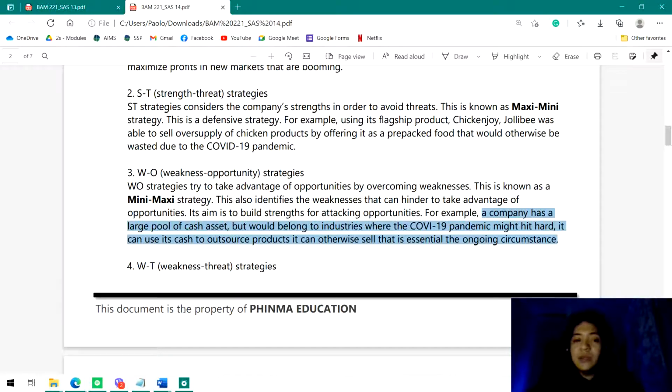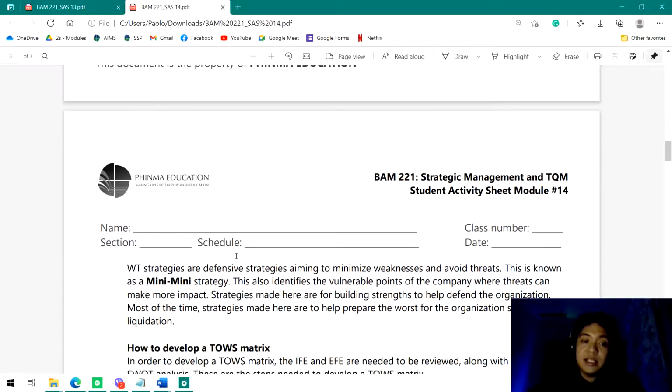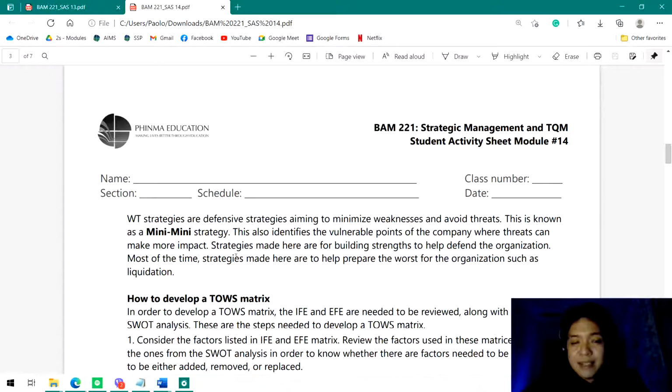Now, let's go with WT strategies or the weakness and threat strategies. Weakness and threat strategies naman, these are defensive strategies aiming to minimize weakness and avoid threats. So kung yung natin kanina doon sa WO strategy is you are trying to take advantage of opportunities by minimizing weaknesses.